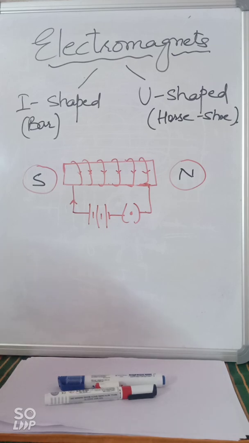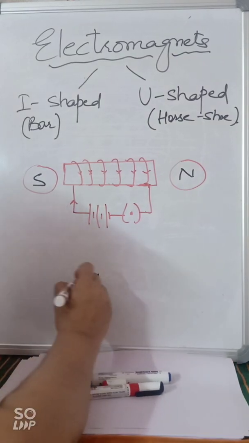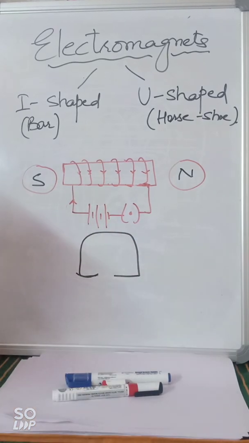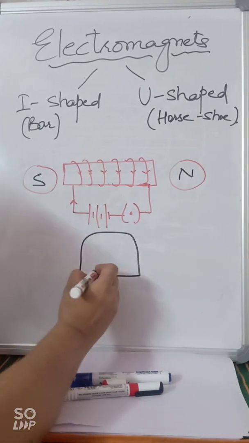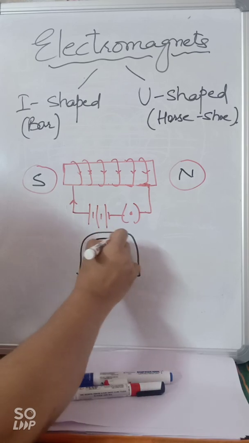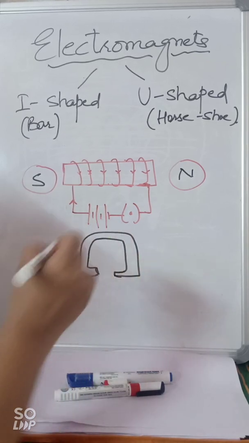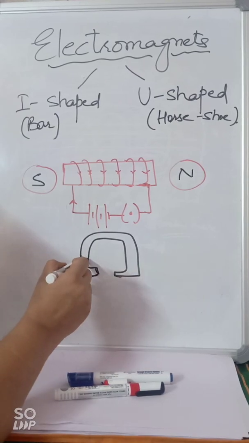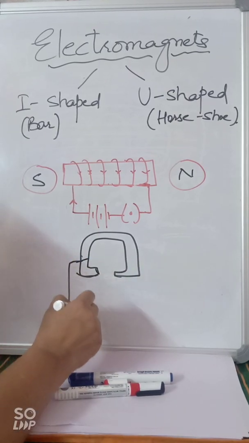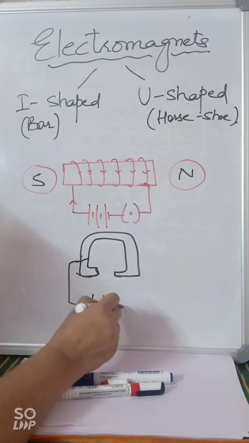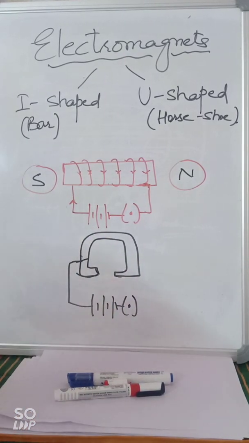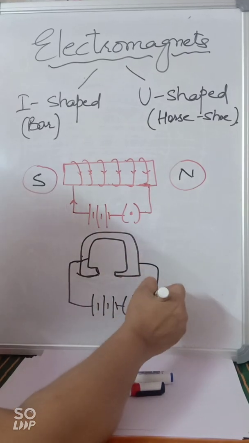Next is your horseshoe magnet, and for that you have a horseshoe. This way you can have it, right? And you need to actually draw a U-shape. Now again, from here, suppose you attach a wire, you have a battery here, then you have a key here, right? And then you attach it with the wire here.